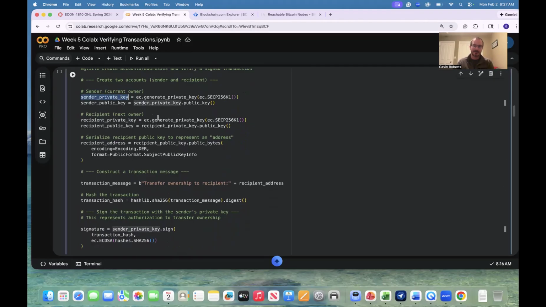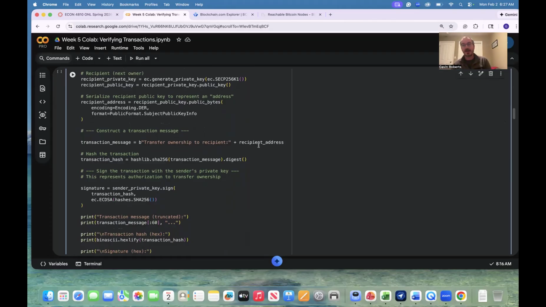Now that we have that private key, we can create a public key from it. So we reference the private key that we created right here. See, those are the same thing. And then we use a function called public key to create the associated public key. Because remember, those need to be linked mathematically. That's why we need to create the private key first in order to produce the public key from it.